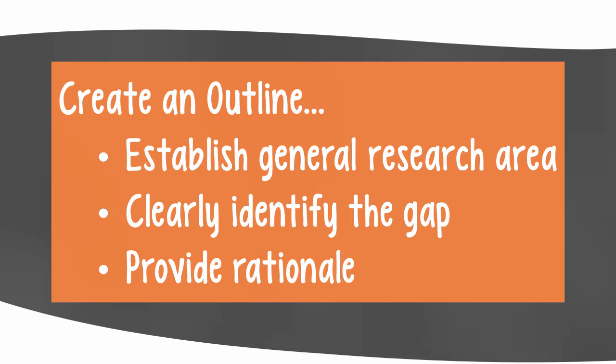So when thinking about establishing a general research area, you should provide some broad context. What does previous research say about your topic? What does it say about your study? Present background information that is needed to support your position. So what does that previous literature say, and how does it support the need for your study? Now, it's important to understand that the reader doesn't want to know everything about your topic.